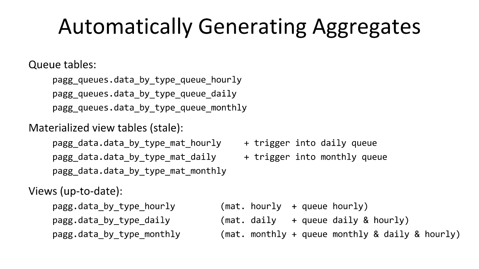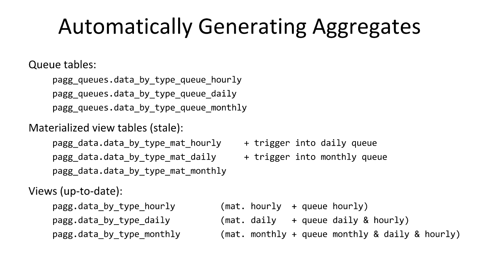We're going to go back to the results of this, but while the query is running, I'll quickly explain what this actually created. It created 3 queue tables, one for the hourly, one for the daily, and one for the monthly aggregation.